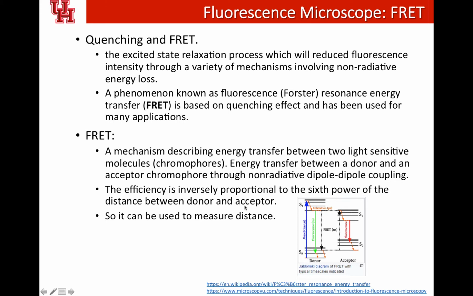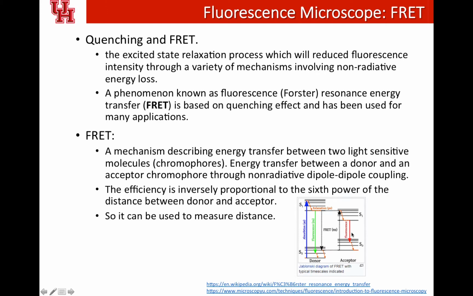Which means if the acceptor is getting far away, it doesn't have to be really far, maybe 10 or 20 nanometers from the donor, the efficiency will be really low, and the FRET effect will not happen. Your acceptor will not emit red light.